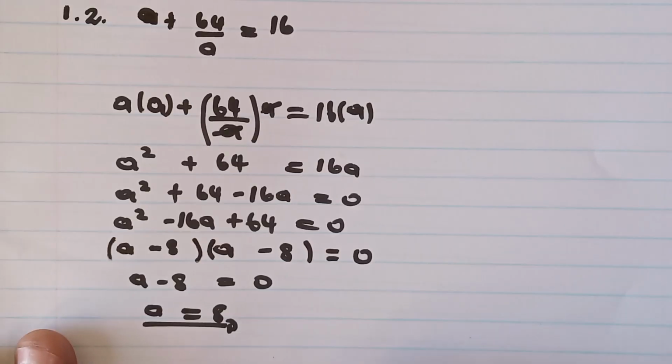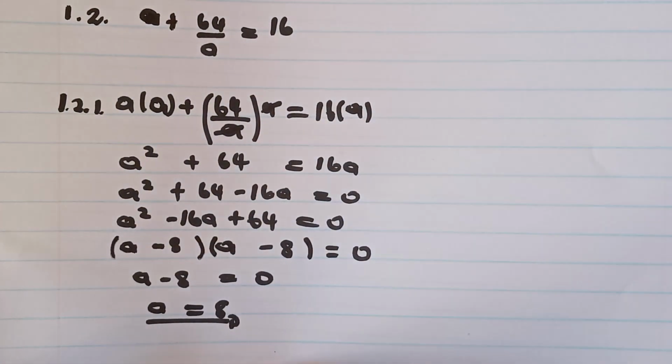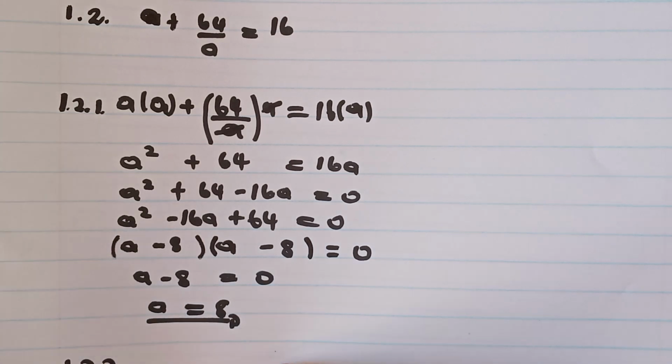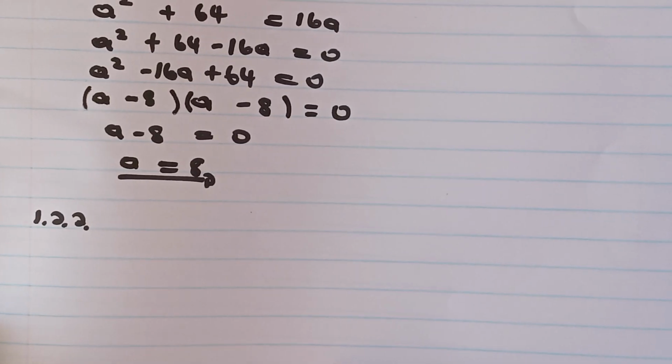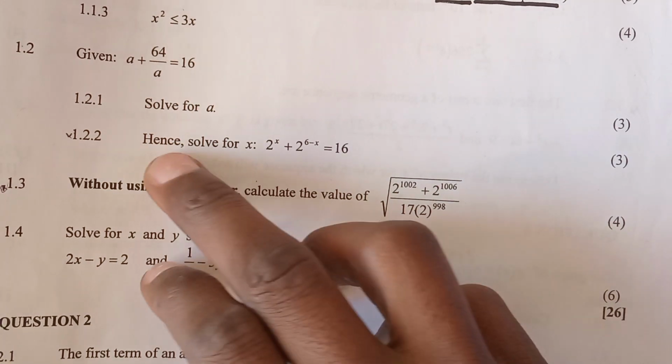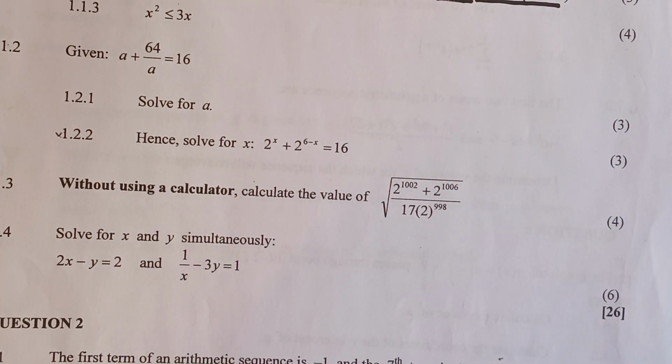Okay, so now for 1.2.2, it says here hence. I want to clarify this thing.